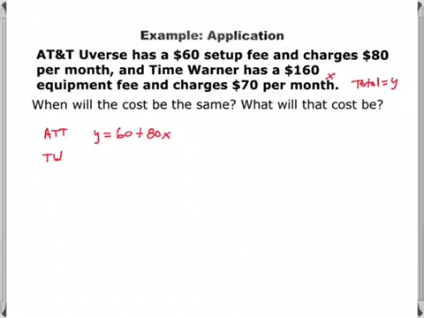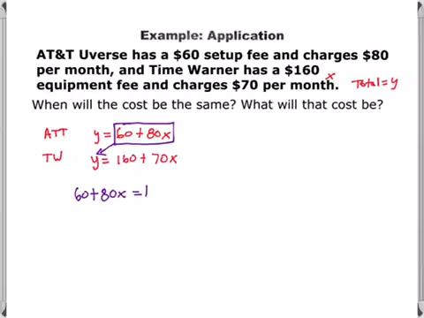For Time Warner, your total cost equals the $160 equipment fee plus the $70 per month. So to solve this, we're just going to take what y equals in the first equation and replace it for y in the second equation, giving us the equation 60 plus 80x equals 160 plus 70x.